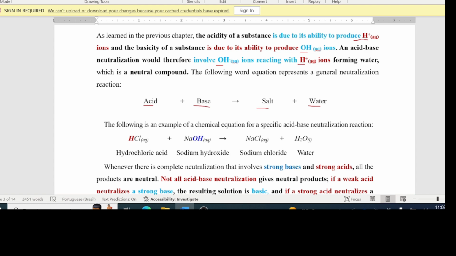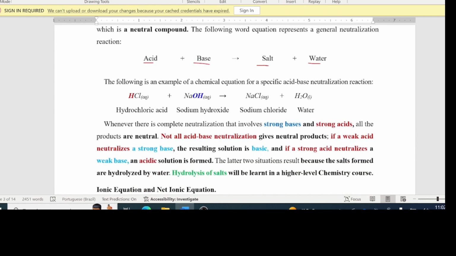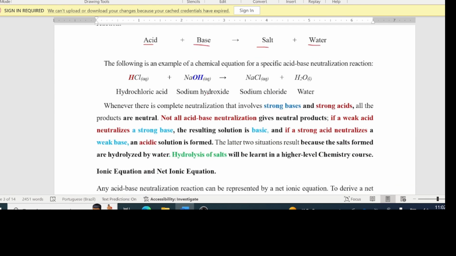So the reaction between HCl and sodium hydroxide is used to depict that. In this case, you get sodium chloride and H2O. Now make a point here for you to note that even though in all neutralization reactions you're going to get salt and water, what happens sometimes is that depending on if the acid is strong or weak, okay, the salt that is formed sometimes undergoes something called hydrolysis.